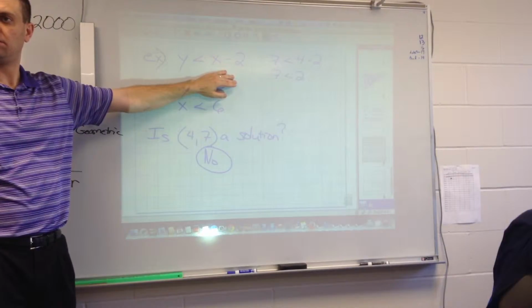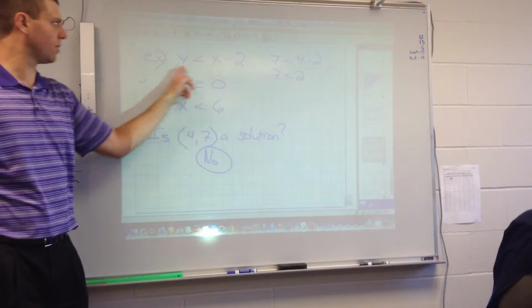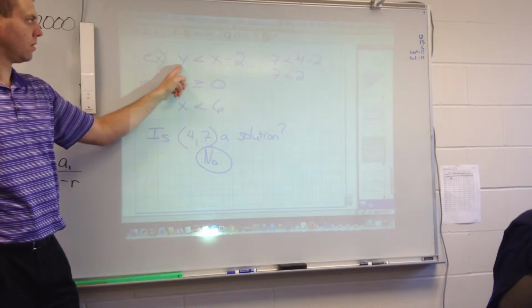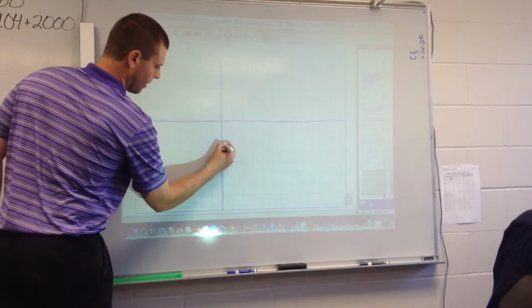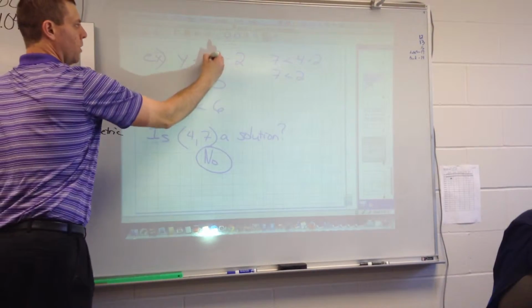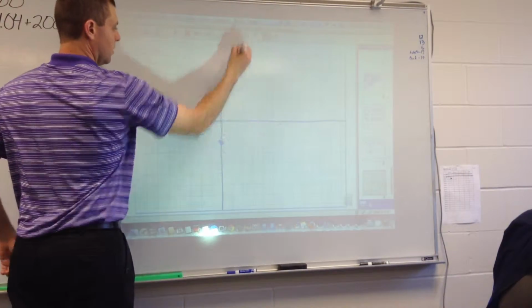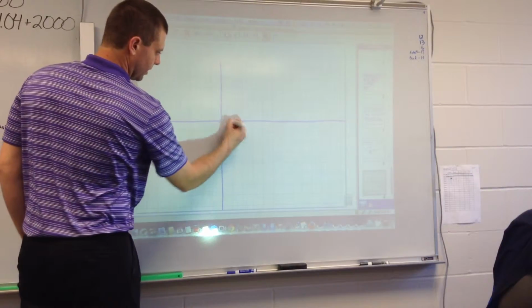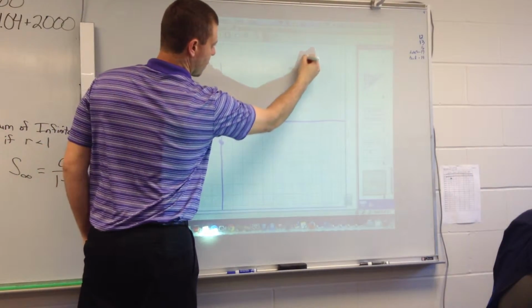So my y-intercept is negative 2, right? And then my slope is 1 over 1, right? So up 1 over 1 like this, and then do some on the bottom, down 1 over 1.